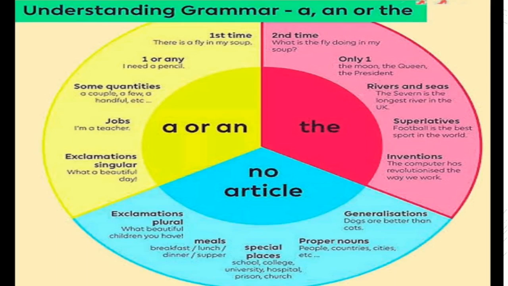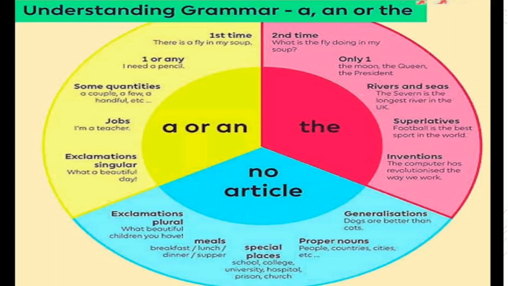Now, when do we omit the articles? For example, with plurals. For example, if I say man is mortal.